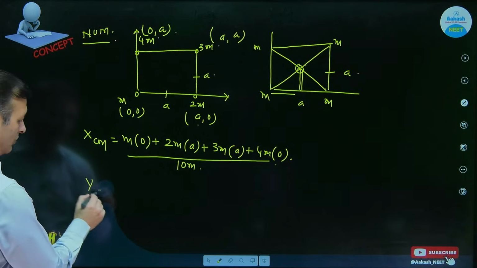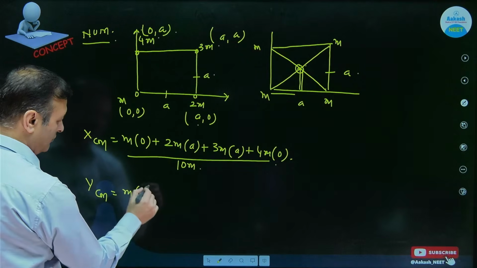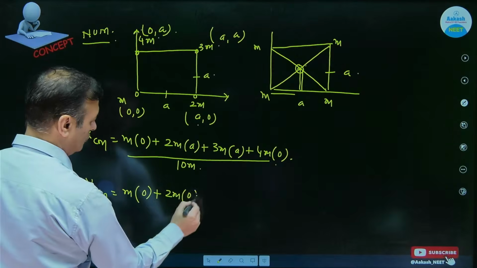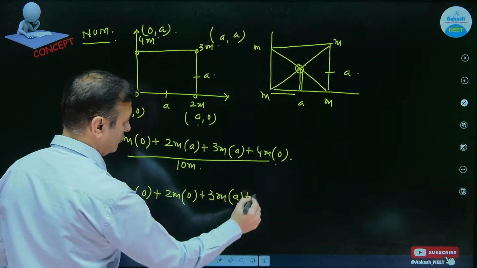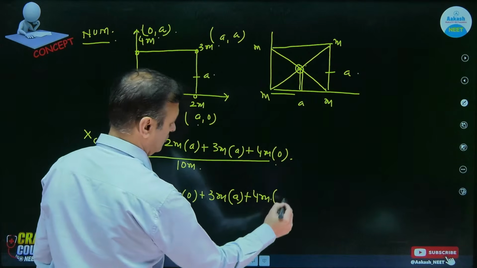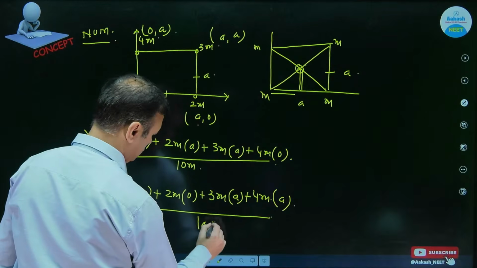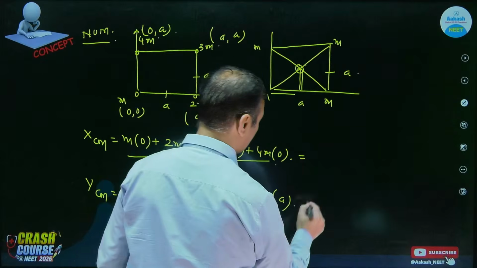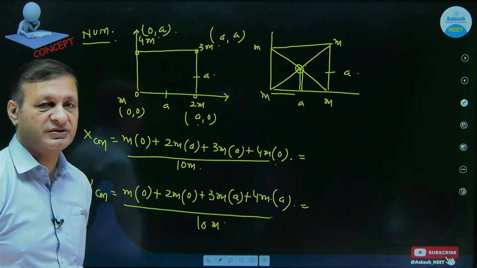Similarly for the y coordinate, it is m1 y1, m2 y2, m3 y3, m4 y4 by total mass as 10 m. So that defines your x coordinate and your y coordinate of your center of mass.